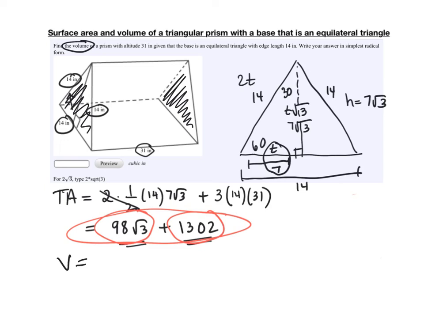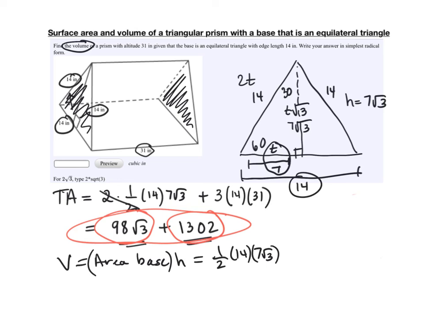So the volume is the area of the base times the height. Well, the area of the base, we already did that, but we only do one base when we do volume. The area of the base is a triangle, 1/2 the base of the triangle, which is 14, times the height of the triangle, which we just figured out was 7 root 3.